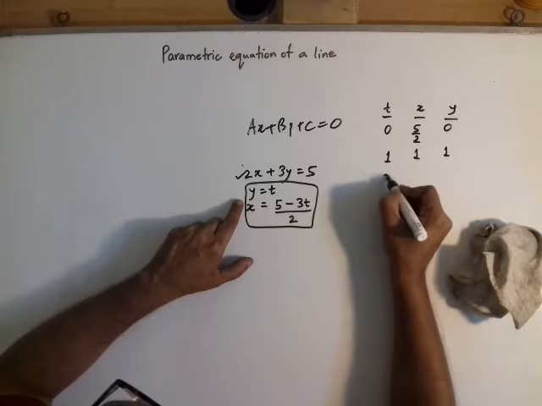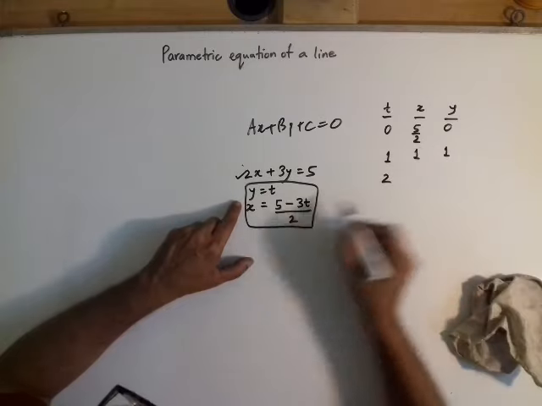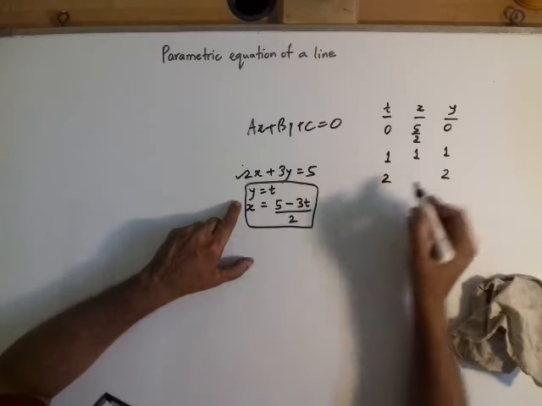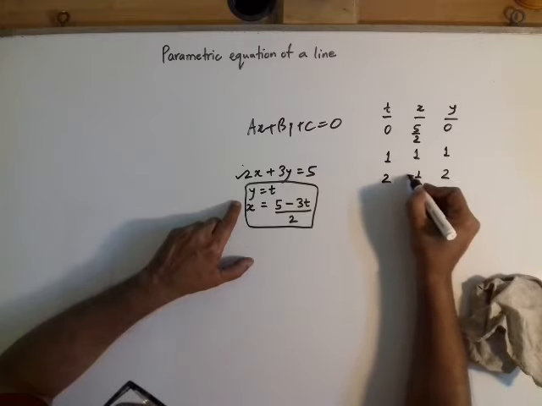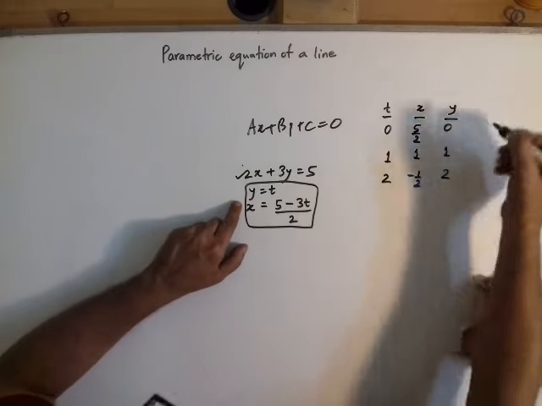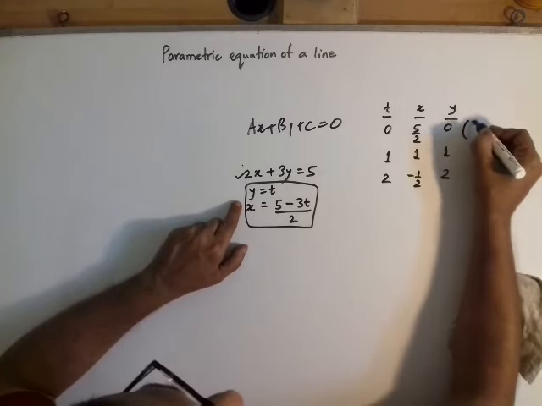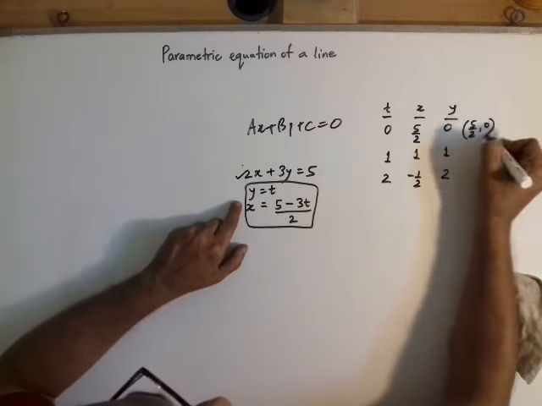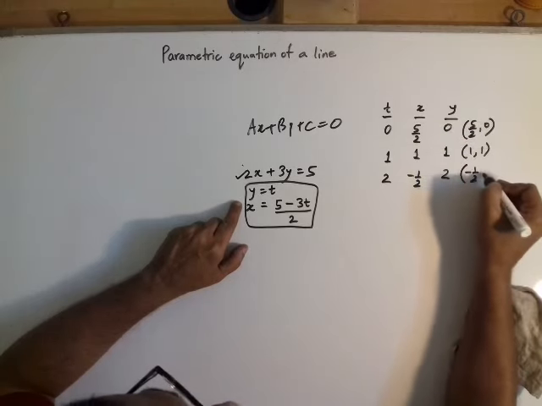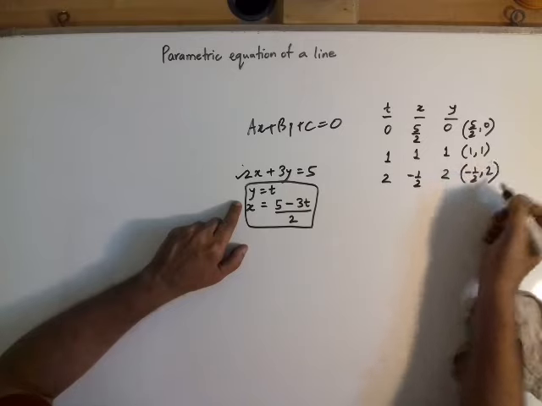If I take t is equal to 2, then y is equal to 2, and x is (5 minus 6) upon 2, which is minus 1 upon 2, and you can go on generating these points. So the points we have are (5 by 2, 0), (1, 1), (minus half, 2).